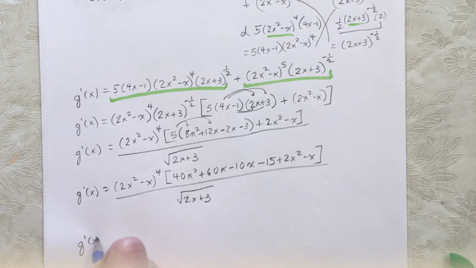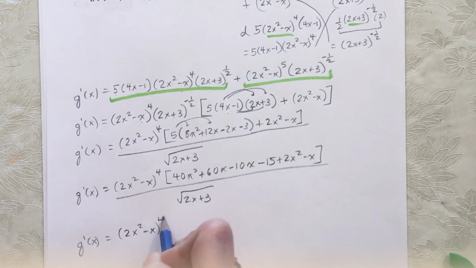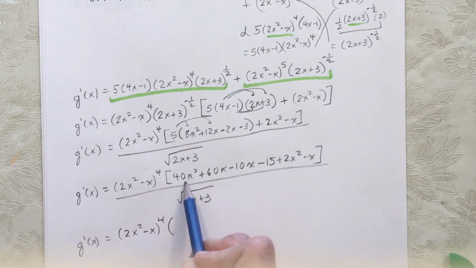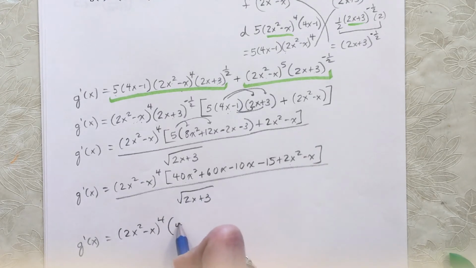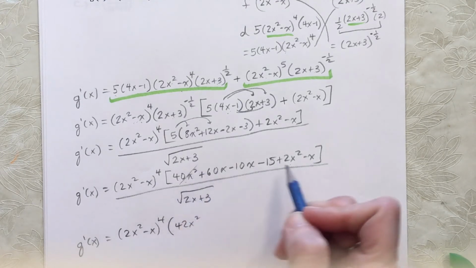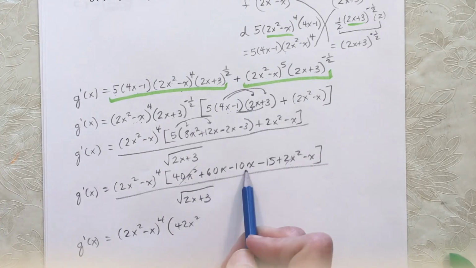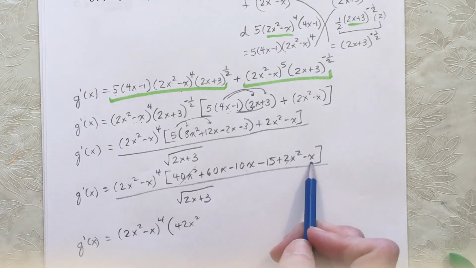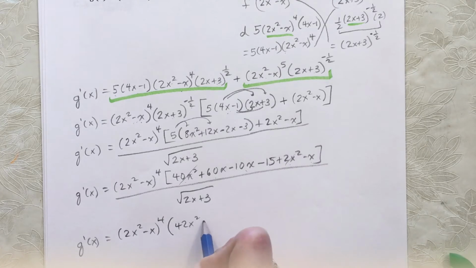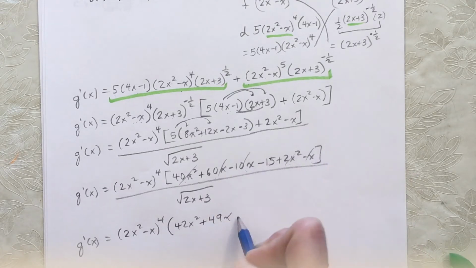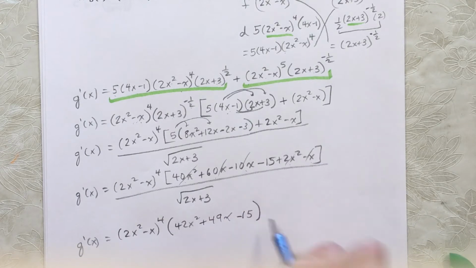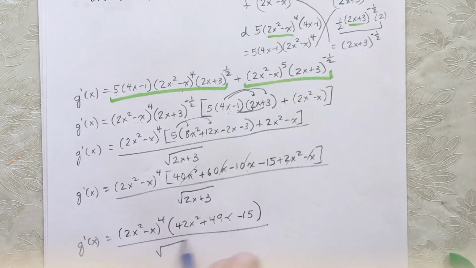So g prime at x is (2x squared minus x) to the fourth times, so I've got 40x squared plus 2x squared is 42x squared. 60x minus 10x is 50x, minus x is 49x, so plus 49x, minus 15, all over the square root of 2x plus 3.